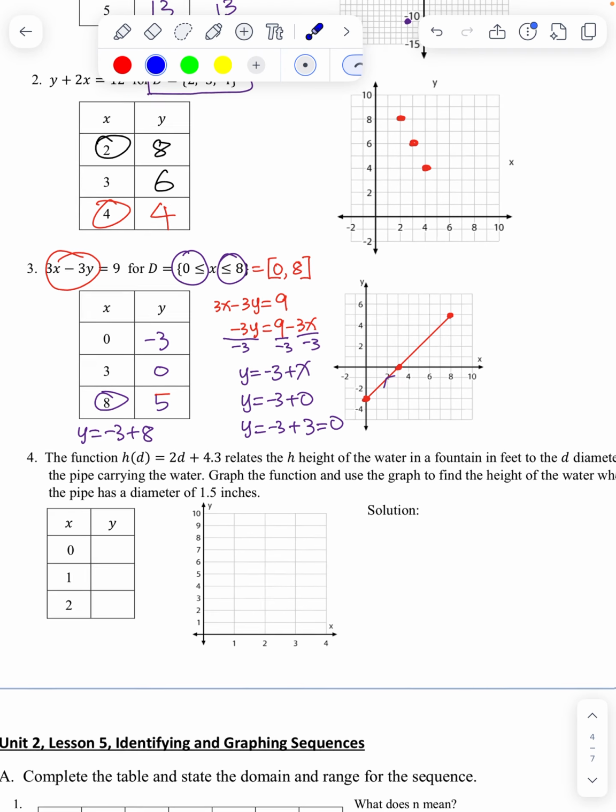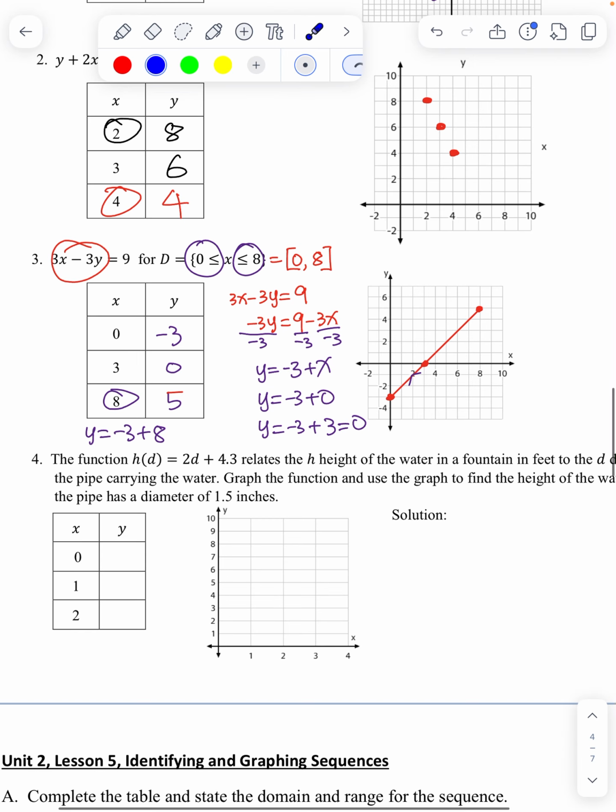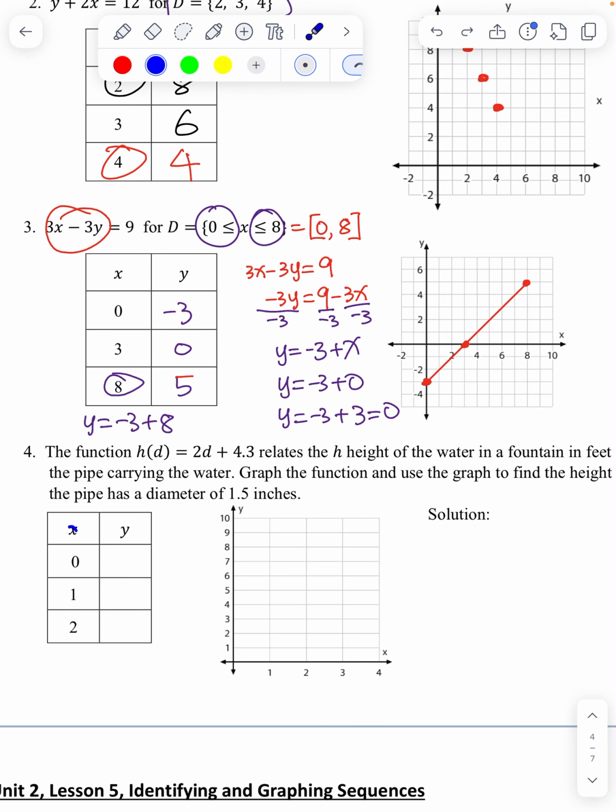So now we are already given the function, h and d. So the table has a little problem. The table uses x and y, right? So in fact, here should be d. So this should be d.